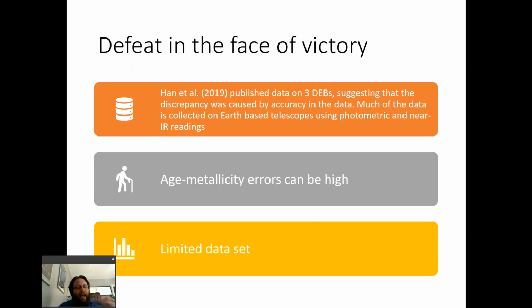Han did extensive research on 3 double eclipsing binaries, and he actually came to the conclusion that the discrepancy was caused by the accuracy in the data. He did extensive near-infrared measurements using space-based telescopes and found that actually the data was more in line with the theoretical models than previous studies had suggested.